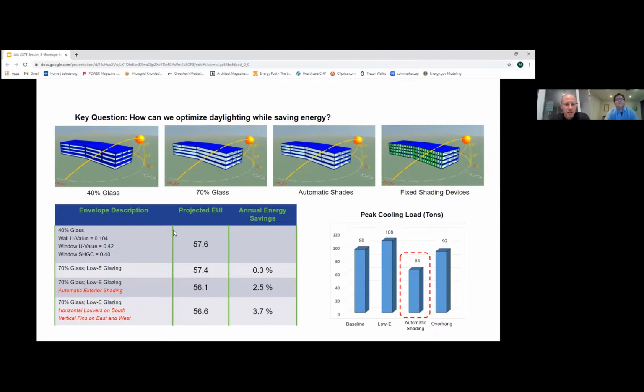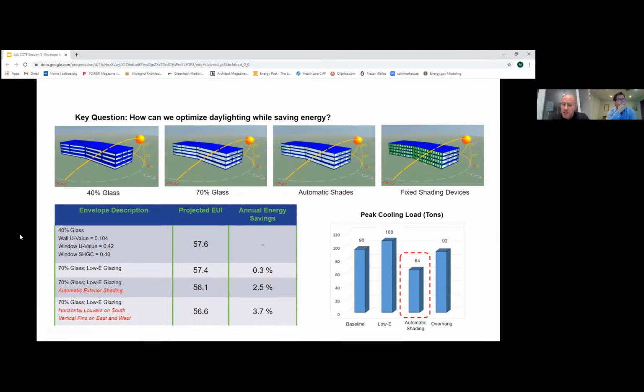So with the 70% glass goal in mind, we then provided a low-E glazing, and that met code. So what we showed is with 70% glass and a high performing glazing, we can meet code, which is pretty impressive. And then we looked at adding exterior shading and horizontal louvers.